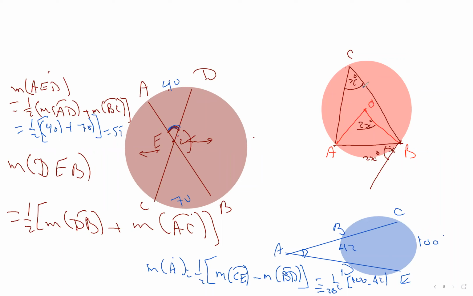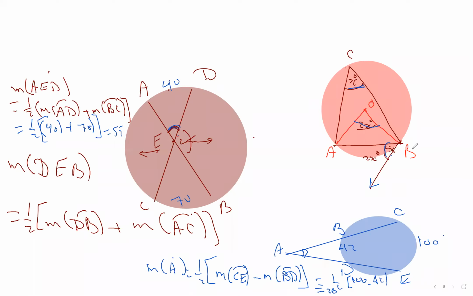The measure of the central angle equals the measure of the opposite arc, the measure of the inscribed angle is half the opposite arc, and the measure of the angle of tangency equals the measure of the inscribed angle subtended by the same arc, or half the measure of the central angle subtended by the same arc, or half the measure of the opposite arc.